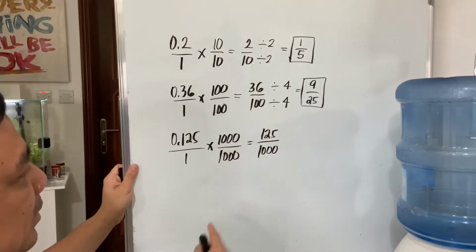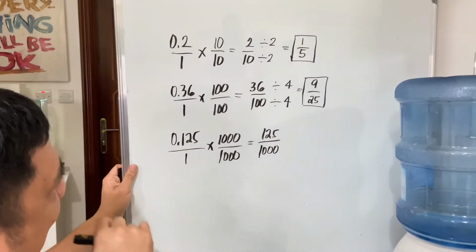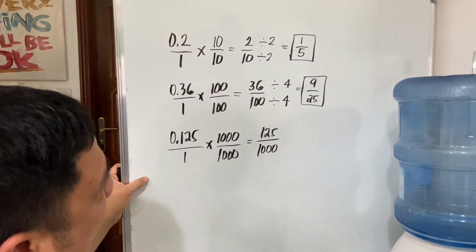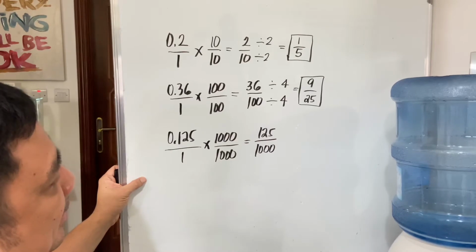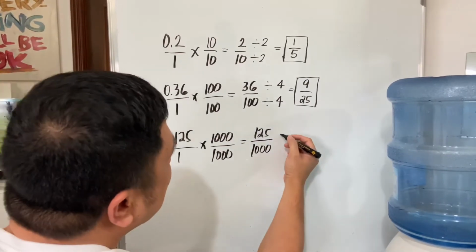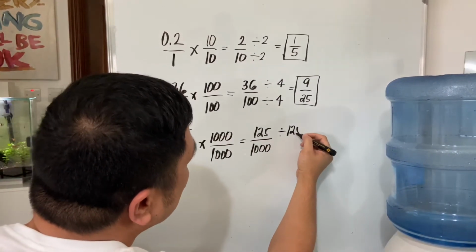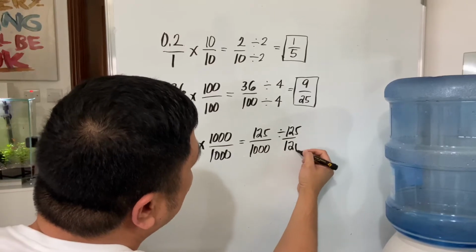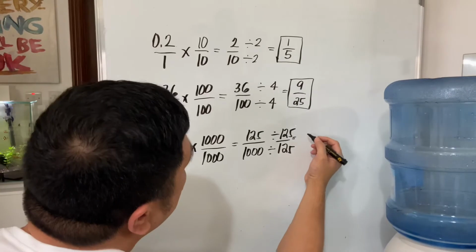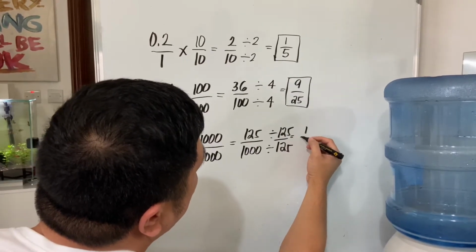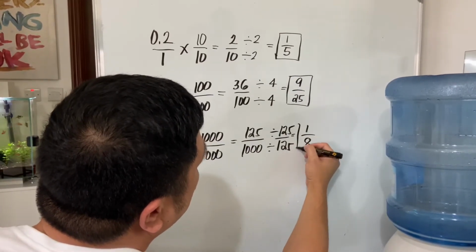The greatest common factor of 125 and 1000 is 125, since 1000 is divisible by 125. If I divide both numerator and denominator by 125, the final answer is 1 over 8.